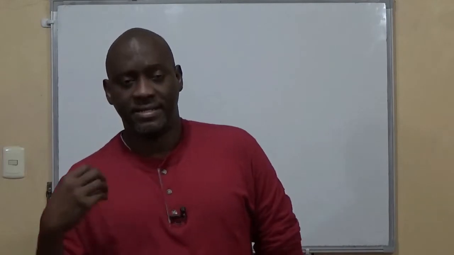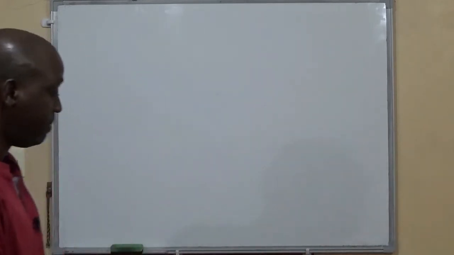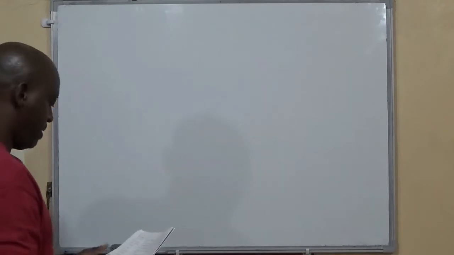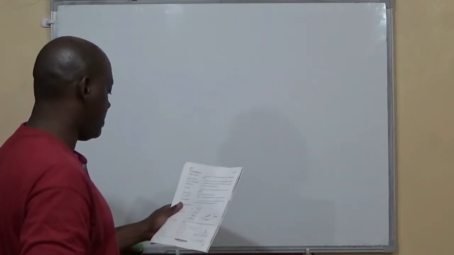Now, what is the formula talking about? This thing about how to find the area of a triangle. In the formula sheet of the exam, you would see the following formula for the area of a triangle. I'm writing it directly off the formula sheet here.